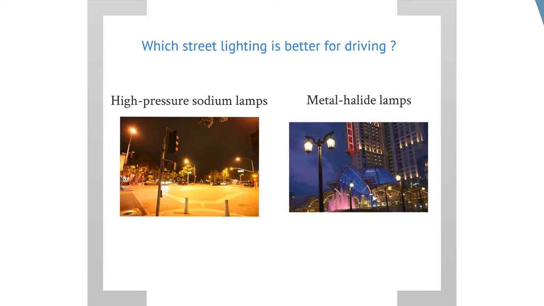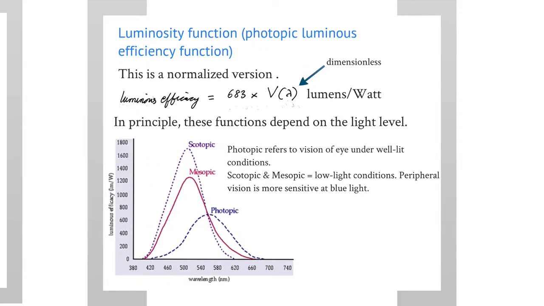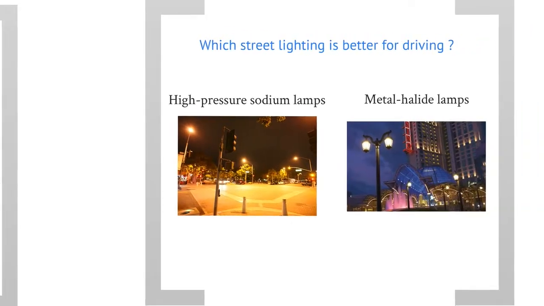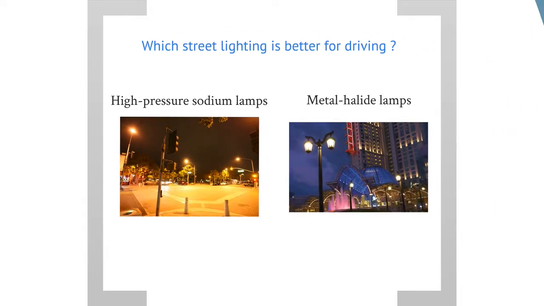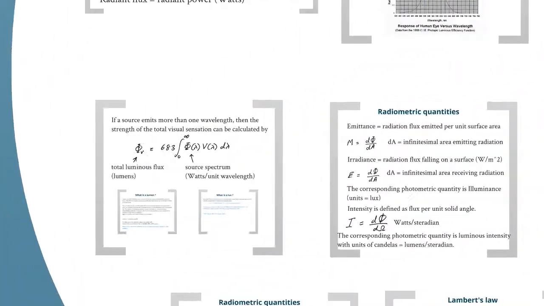Yes, so is that clear to everyone? So we don't need to discuss it too much, but the fact that under low light conditions you get more sensitivity in the blue means that you may want to have more bluish light for nighttime vision as opposed to more reddish light. Okay. It's a very, very simple example of why we need to know these things, right? Obviously, there are more complicated things that you take into account to do these things.